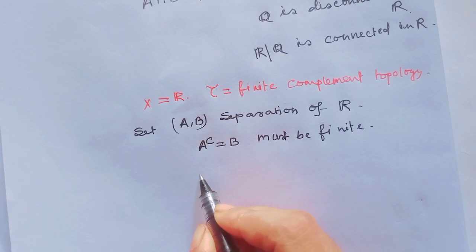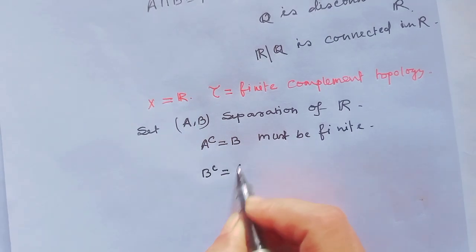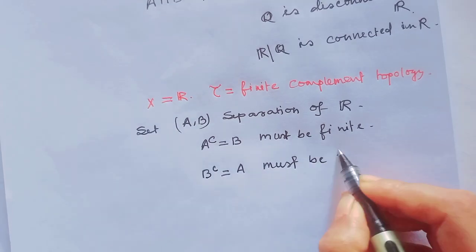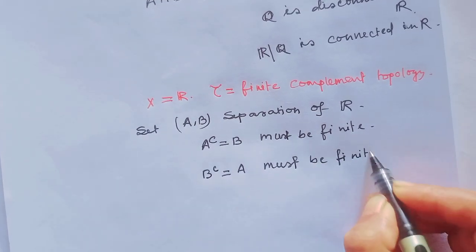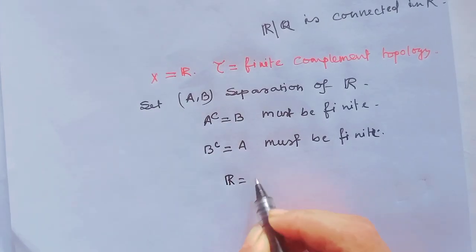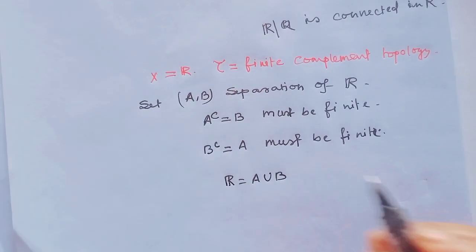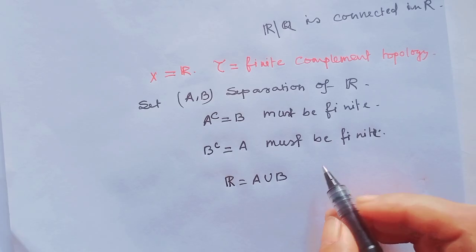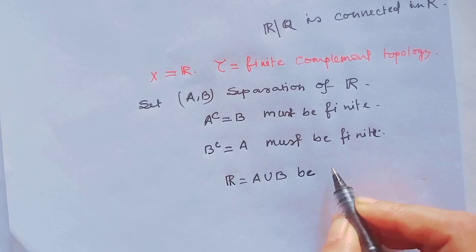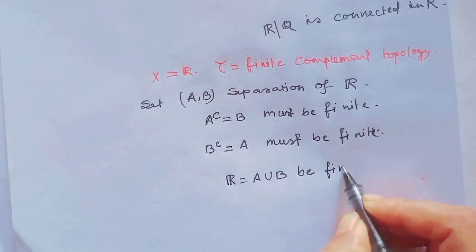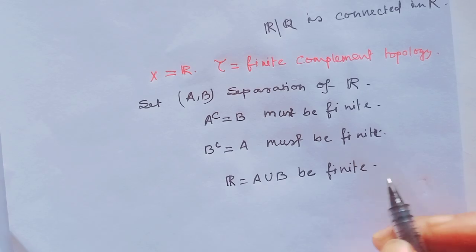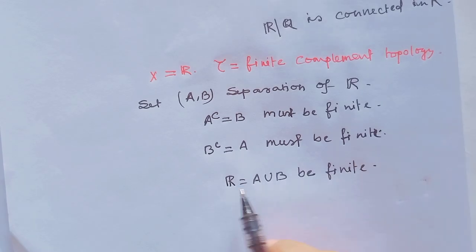Similarly, B complement equals A, which must be finite. And R equals A union B, and the union of two finite sets is always finite. So R would be finite, which is a contradiction, because R is an infinite set.